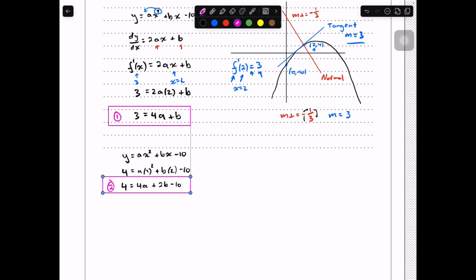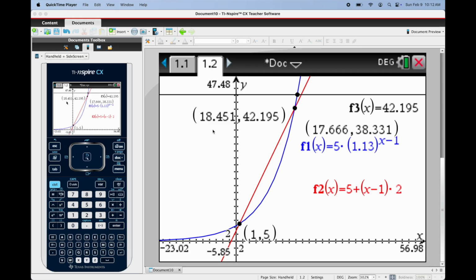So we have 2 equations, 2 unknowns, and now we can finally solve. So a lot of work has been done. Let's go ahead to the calculator and put these 2 equations into our linear solver, and then we should be able to find the solutions for a and b.